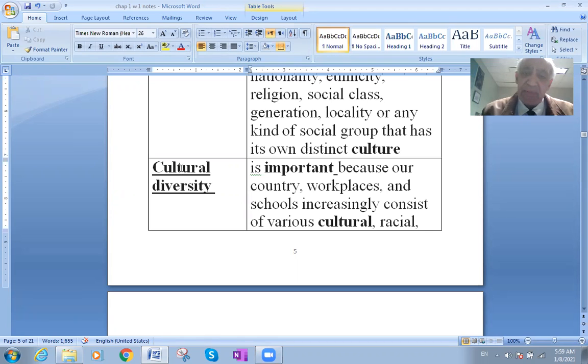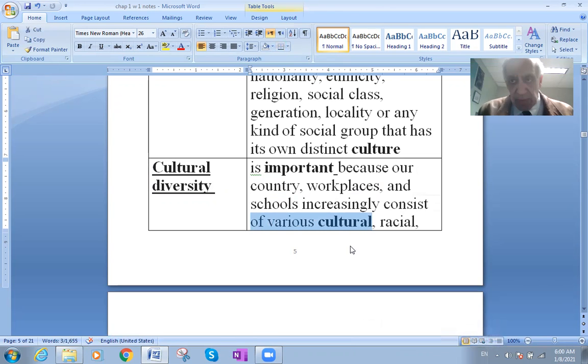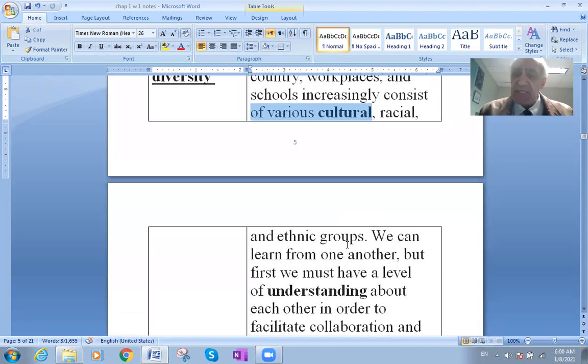Is it important? Yes, of course. Cultural diversity is very important, because our country, workplaces, and schools increasingly consist of various cultures. And this is true nowadays, especially in the globalization time, when the whole world became like a small village. Nothing is closed now.